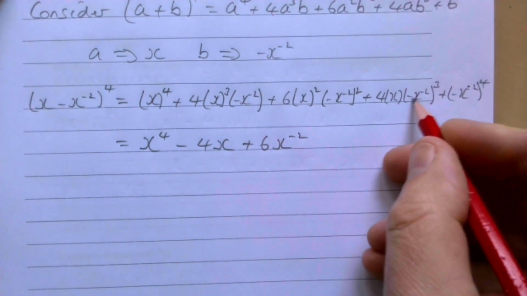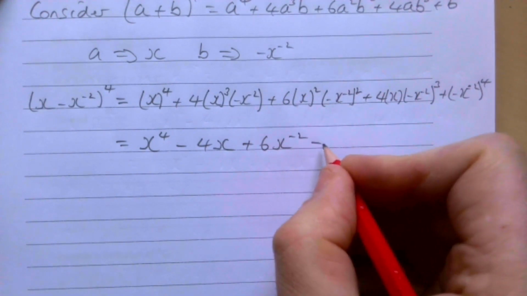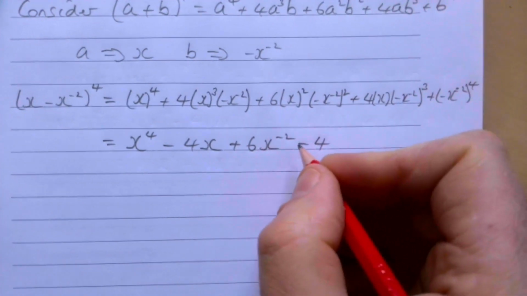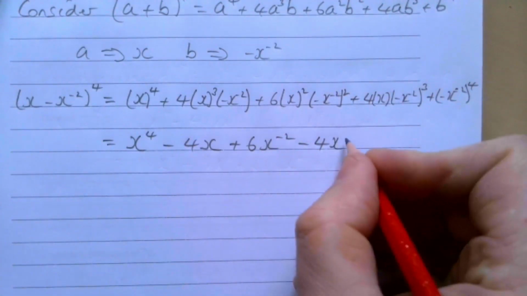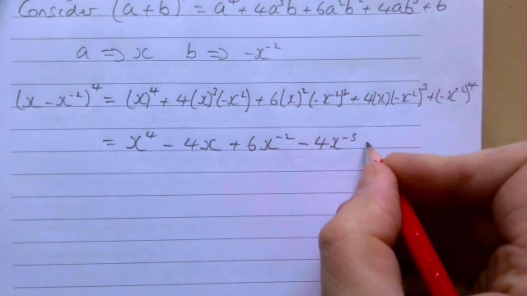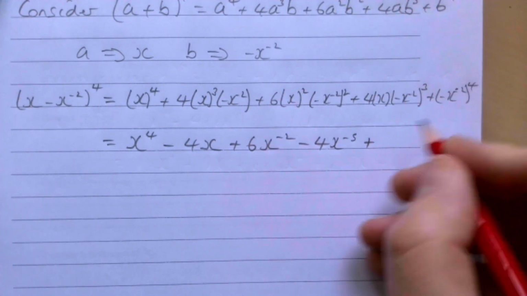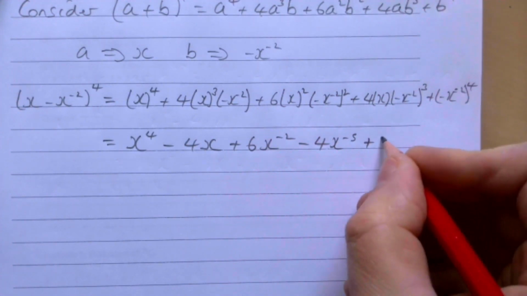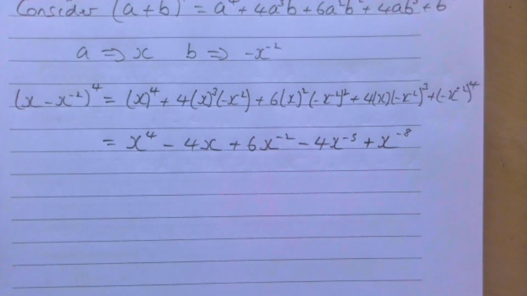Here I have minus x all cubed, so it's going to be a negative 4. I have an x here and an x to the power of minus 6, so that's x to the power of minus 5. And then I have a minus to the power of 4, so it's a positive. x to the power of minus 2 to the power of 4 gives me x to the power of minus 8. So we need to be careful with our indices there, but other than that, that's what we have.